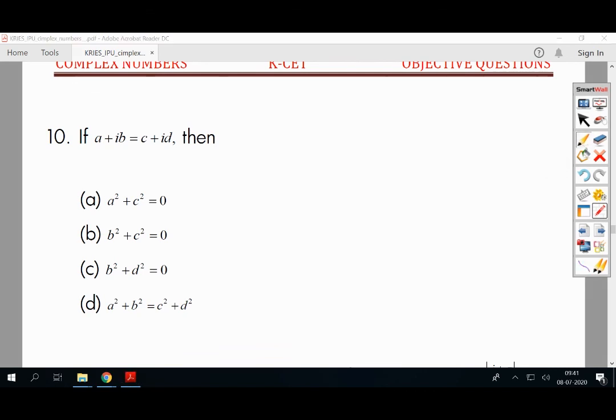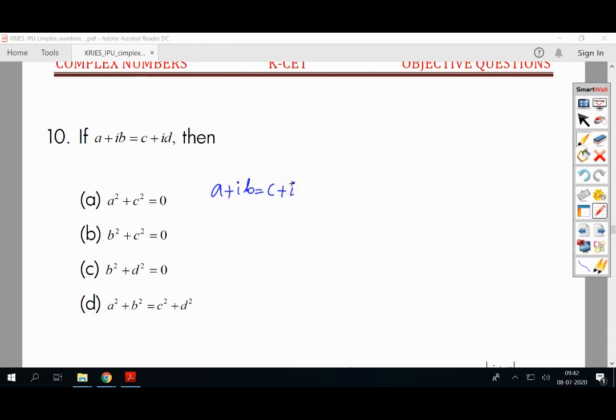So therefore a plus ib is equal to c plus id. A plus ib is equal to c plus id ಇದ್ದಾಗ I will apply the mod, right? So mod apply ಮಾಡ್ತೀನಿ ಇದಕ್ಕೆ. Mod a plus ib is equal to mod c plus id.